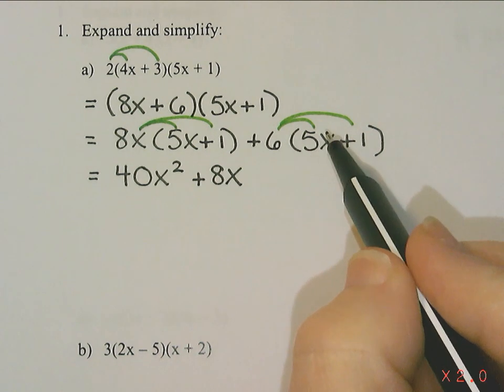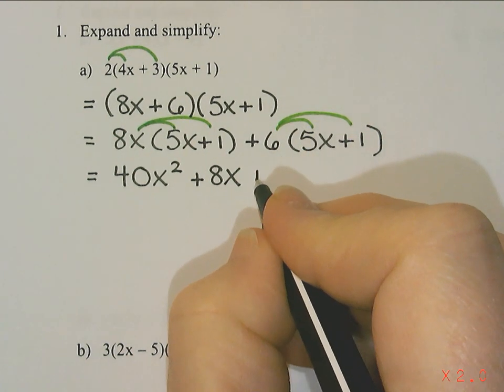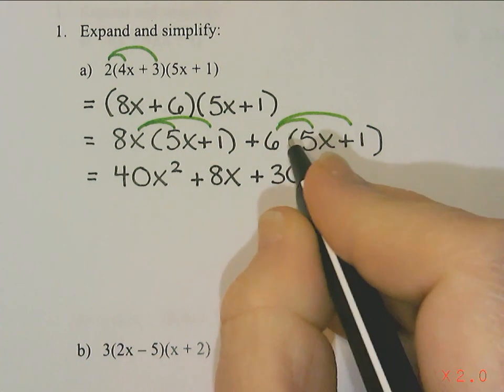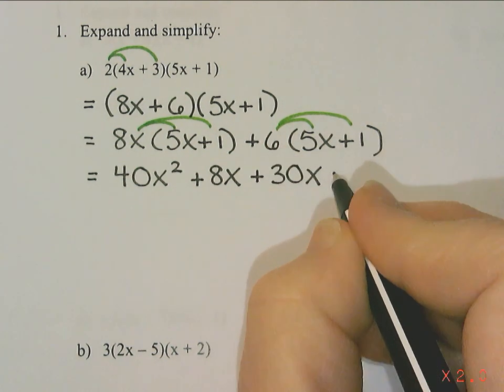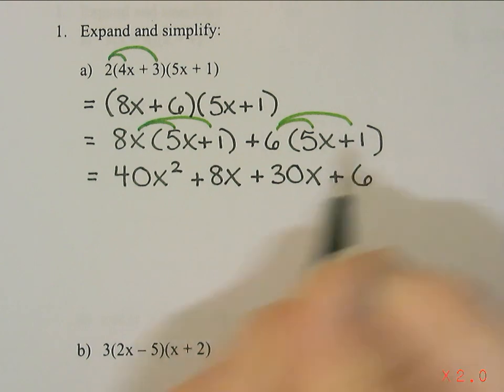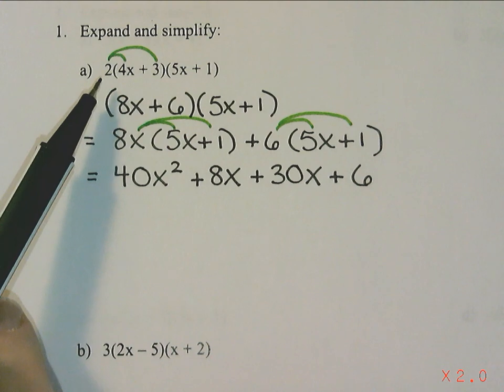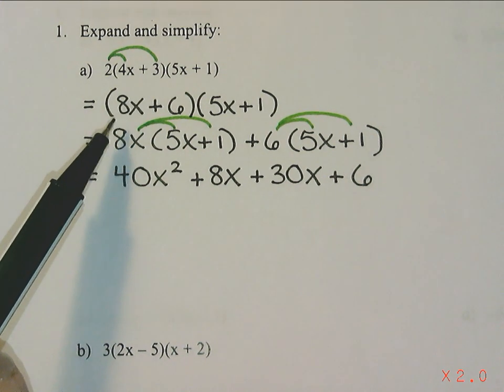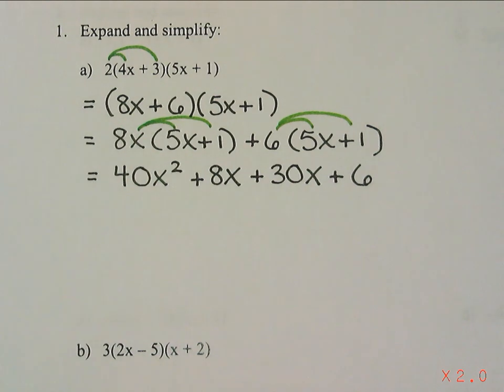So positive 6 times 5x should give me positive 30x. And positive 6 times 1 should give me positive 6. So we had one extra step in the expanding where we had to take that 2 and multiply it into the first bracket and then multiply those two brackets together.